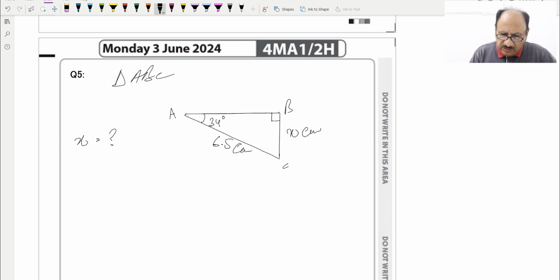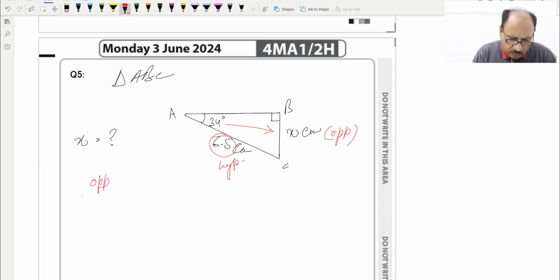Now we know that x is the opposite side, and the 6.5 side is the hypotenuse. So we write opposite over hypotenuse, which is sine theta. So sine of 34 degrees equals x over 6.5.